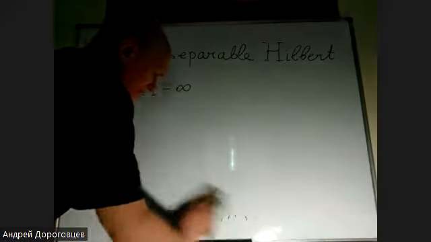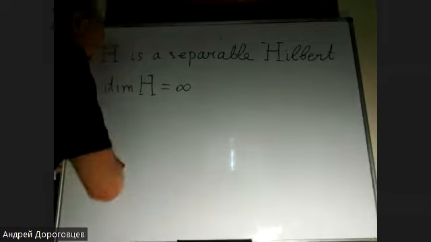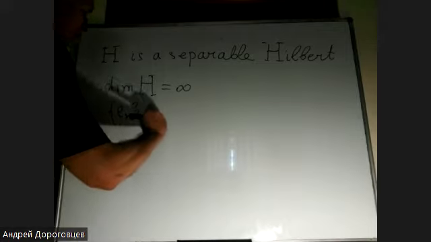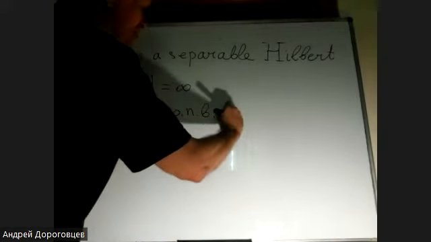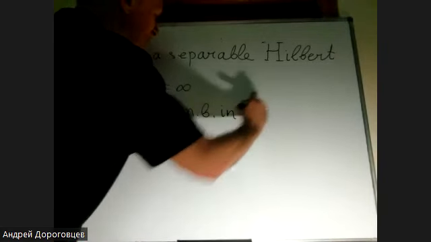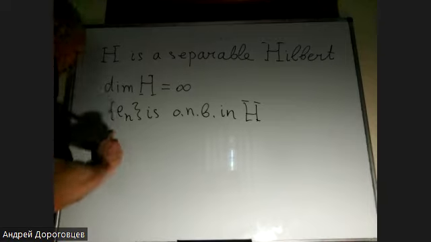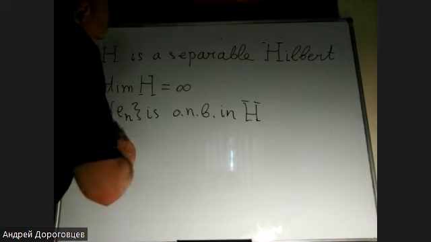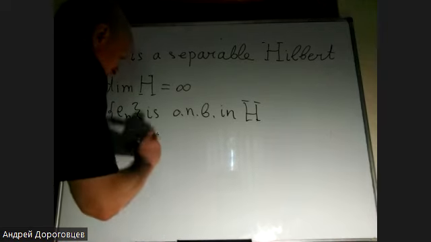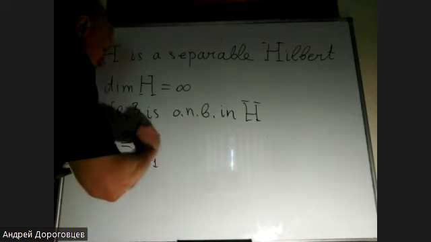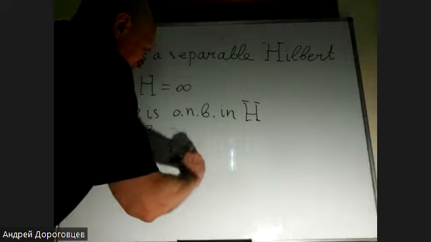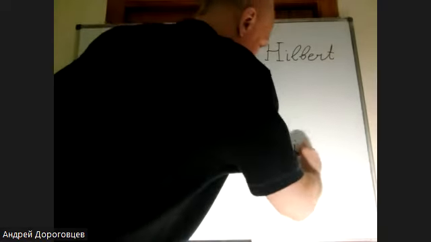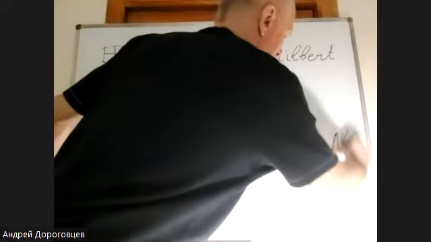So let's fix some orthonormal basis e_n in H. Then one can look for a standard random element as follows: we just have this infinite sum from n equals 1 to infinity of psi_n e_n, where psi_n is an IID sequence of standard normal variables.